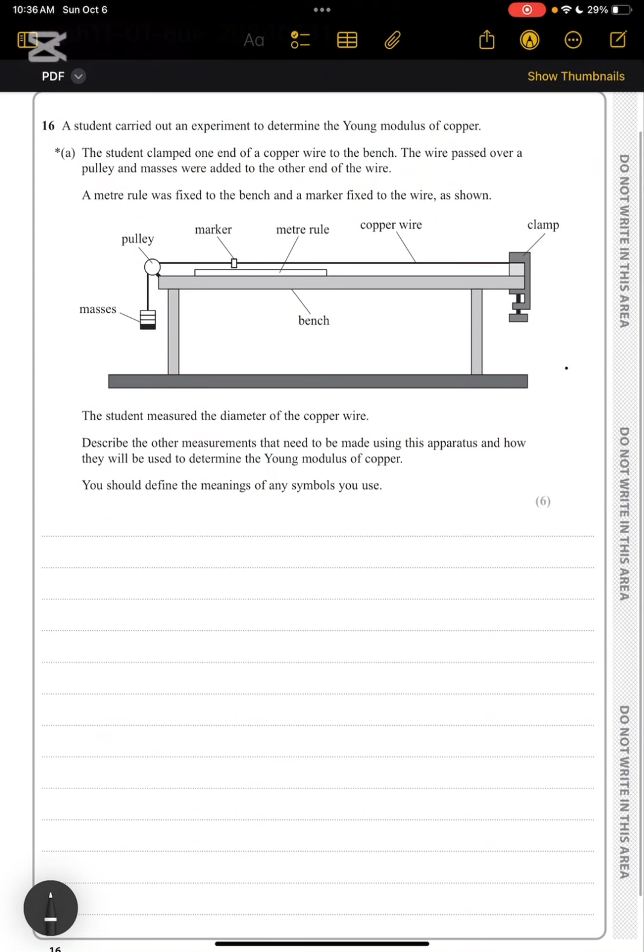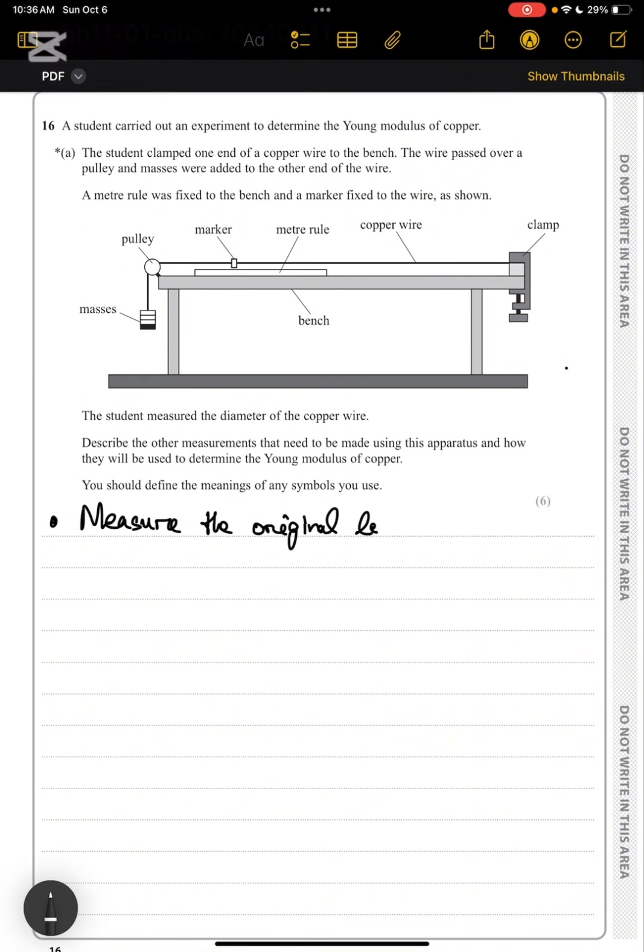We will start by writing the first point. Measure the original length from clamp to marker.